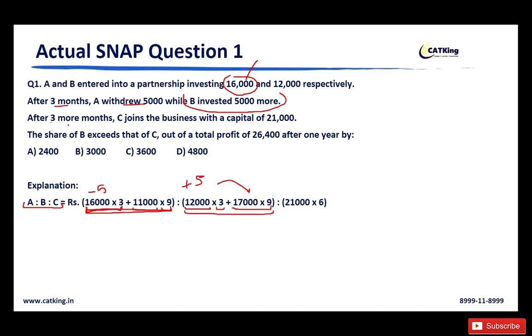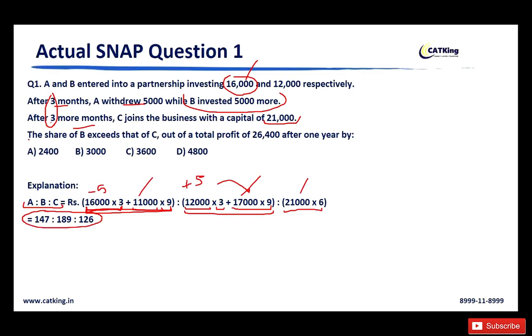Now C joined after 6 months, 3 plus 3, that is 6 months, and he invested a capital of 21,000. That is 21,000 into 6 is C's contribution in the partnership. Now when I solve the ratio of A is to B is to C, these three values, I get the ratio as 147 is to 189 is to 126.